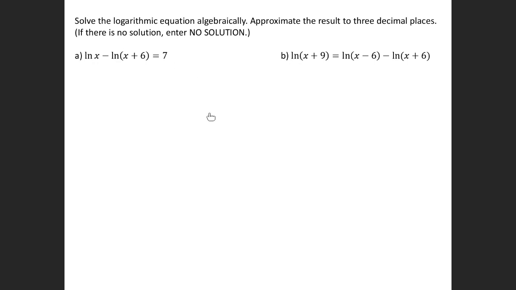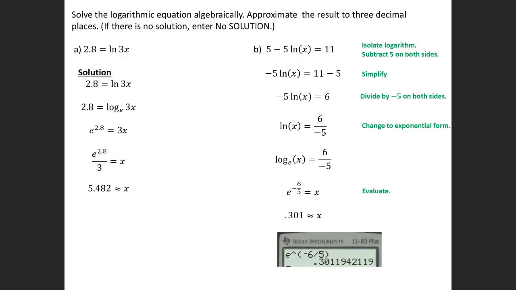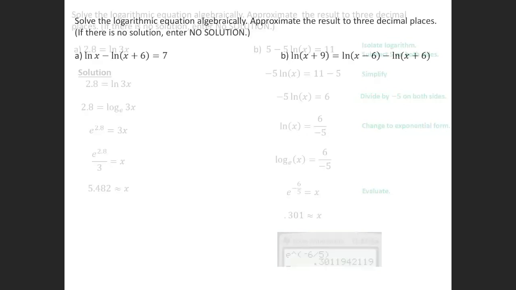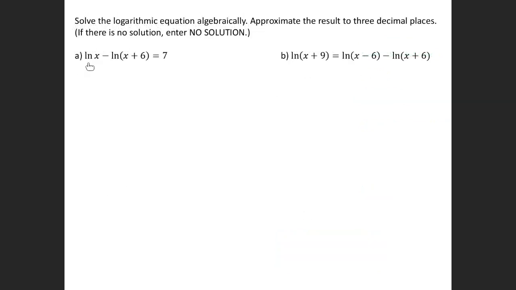Okay. If you notice in these problems over here, we always only had one natural log, or if we had two natural logs, they had the same base. So one of your goals can be, I have two natural logs here, how can I make it so that I only have one?